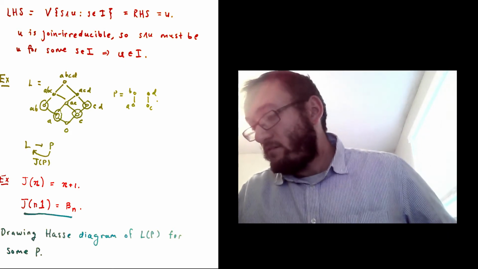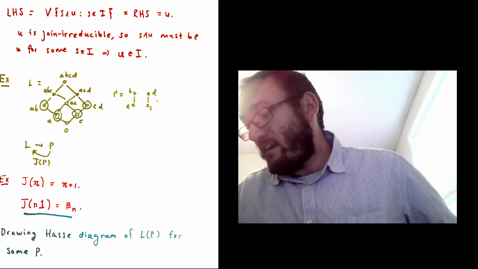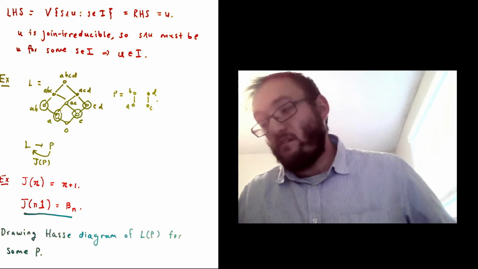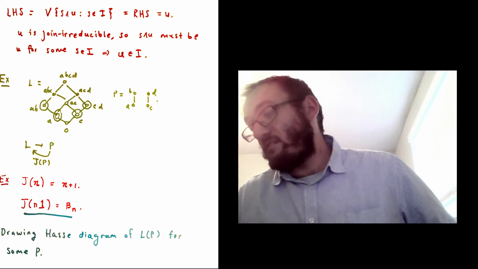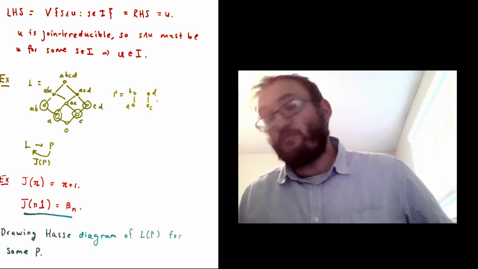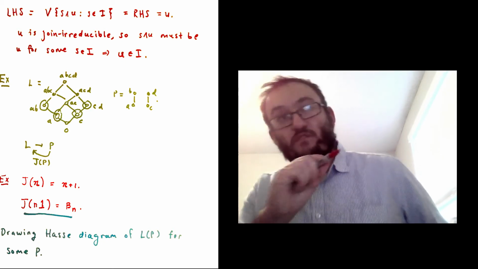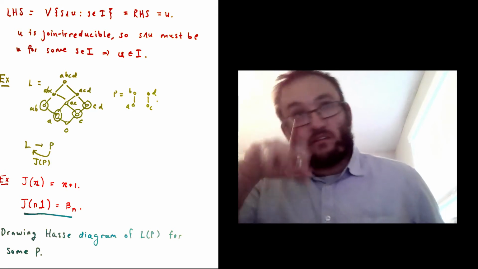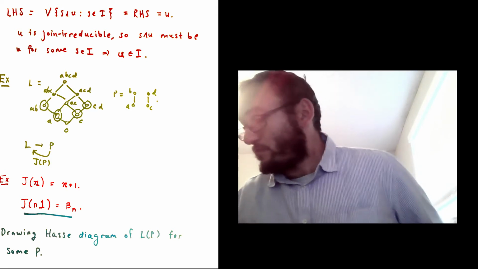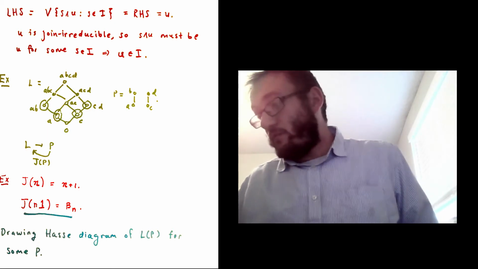Additionally, if I have n copies of 1, i.e. an anti-chain of size n, the lattice of order ideals is the Boolean lattice on n elements, because you think of each of those elements in the anti-chain as atoms of the lattice, and then you can take joins freely. Okay?